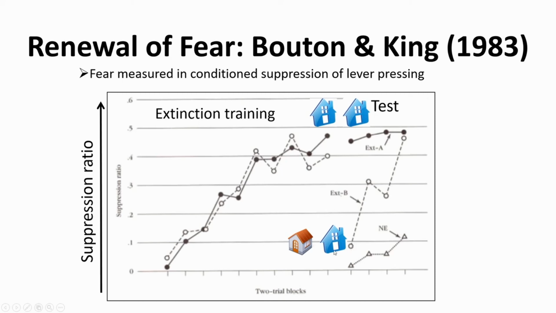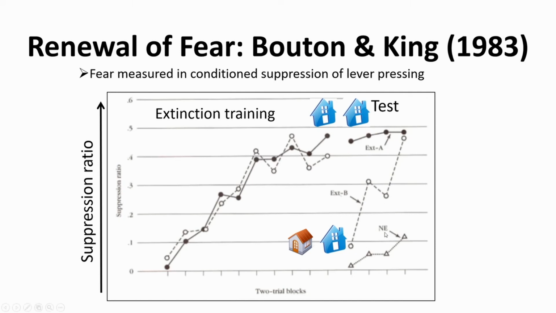Then as they're experiencing that tone in the testing condition, back in environment A, without getting a shock afterwards, they slowly start showing less fear response and less freezing, getting back up to normal levels.